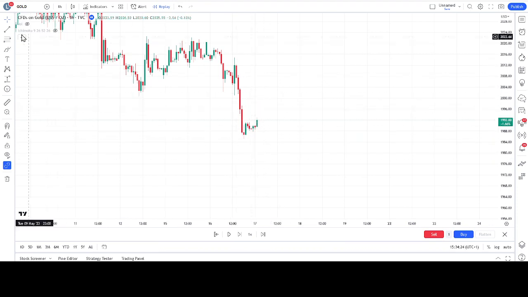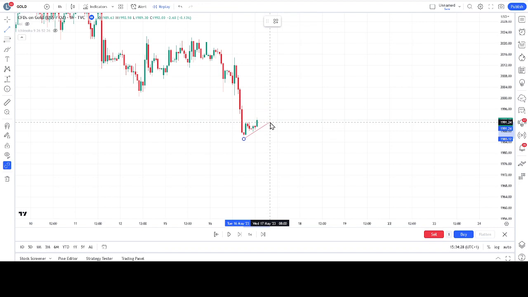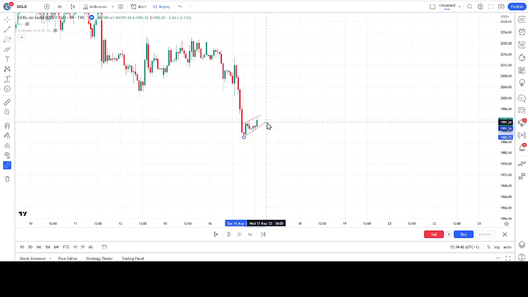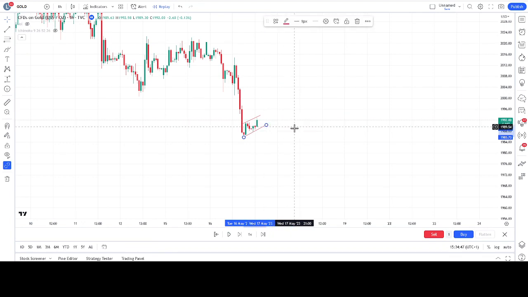Let me just draw the trend lines here so you'll understand what I'm trying to do. This is the lower trend line, this is the higher trend line. The higher trend line is acting as resistance, and the lower is acting as support. So let's wait for a breakdown, and then we can enter our positions. Now this is a bearish flag, so we'll enter a short position.